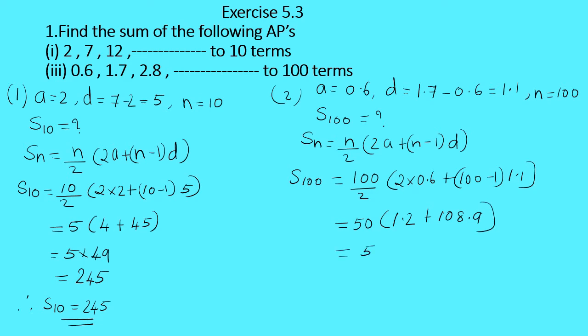That is 50 multiplied by 1.2 plus 108.9, that is 110.1. Again equal to 50 multiplied by, since it is having one decimal place, you have to multiply in the numerator and denominator by 10. So 0 and 0 getting cancelled. So you are getting 5505. That is S100 equal to 5505.